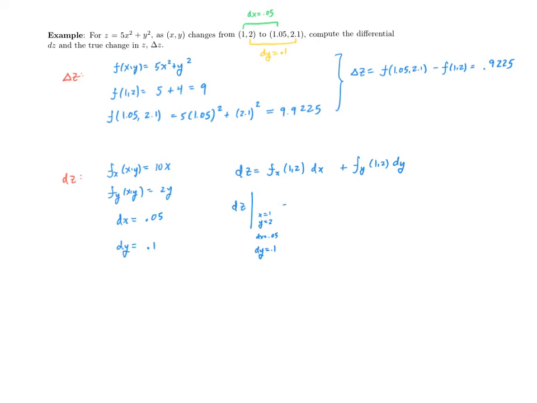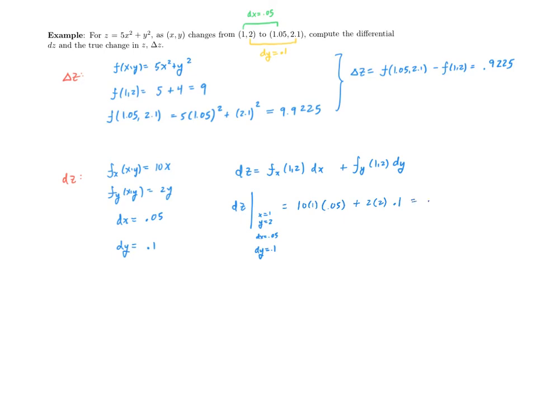So working from left to right, f sub x of 1, 2 is 10 times 1. dx is 0.05. The partial with respect to y at 1, 2 is 2 times 2. And dy is 0.1.